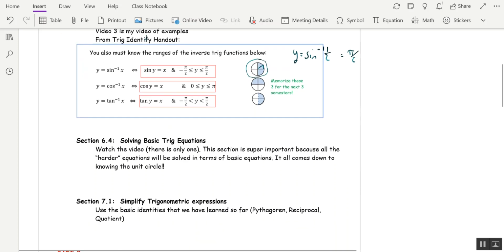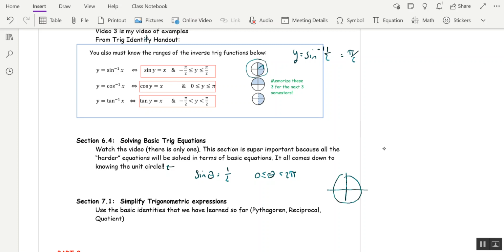Basic trig equations, this is important because 7.5 is going to piggyback on this section. So for example, if you want to solve a basic trig equation like sine theta equals a half and theta is between 0 and 2 pi, then you really need to know your unit circle, because this is just going to be all the angles on the unit circle whose y coordinate is a half, because sine theta is y over r, but on a unit circle, r is 1.